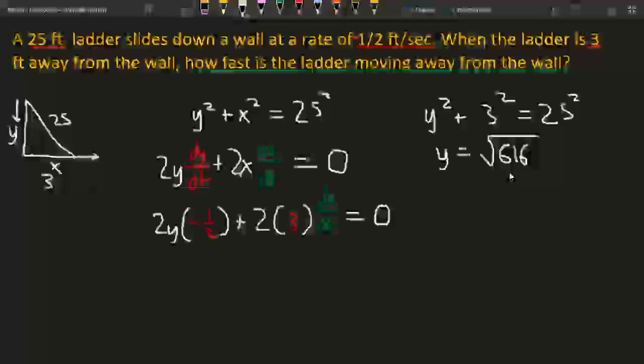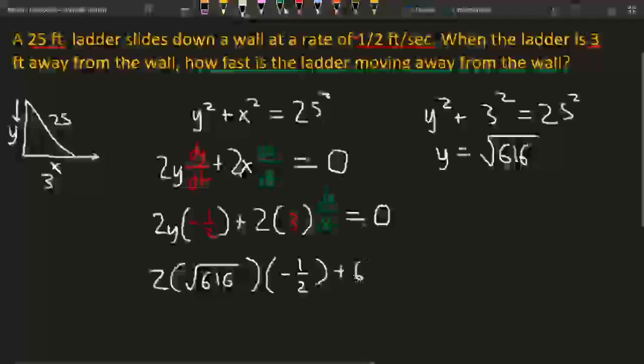We'll just leave it as root 616 because that's a satisfactory enough answer for now. So if we leave it as root 616, we can input it in. So 2 root 616 times negative 1/2 plus 6 and then dx/dt.